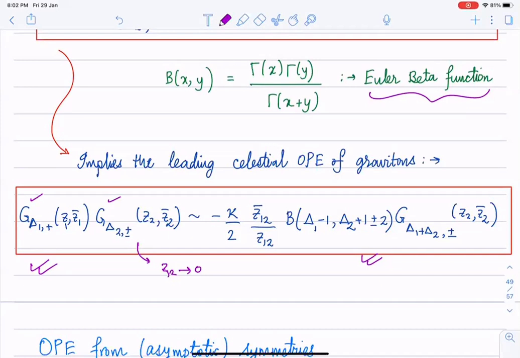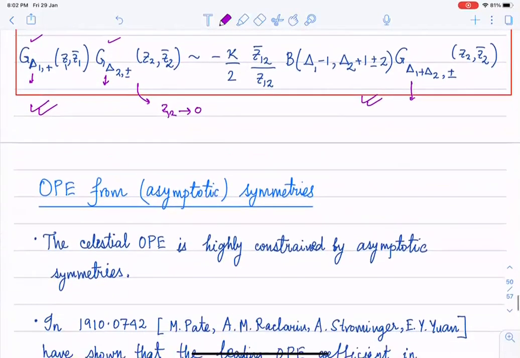In this case the scaling weight actually simply matches, because on this side you have delta 1 and delta 2, and the graviton operator which appears here has dimension delta 1 plus delta 2. Now this is some dimensionless object, because Z bar has dimension -1, and 1 by Z has dimension 1. So this is dimensionless.